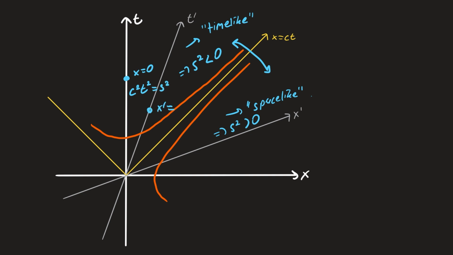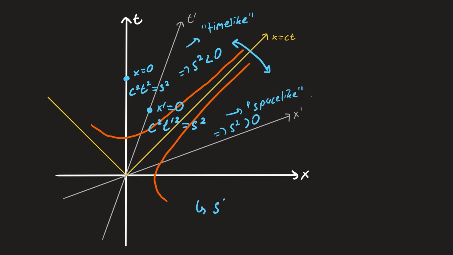Similarly, we have x prime equals 0, then c squared t prime squared is equal to s squared. So if you have a point on the timelike side of the diagram, there always exists a line that you can draw such that the line is the time axis of a certain observer, right? You can always have this point represent a time interval from the origin.